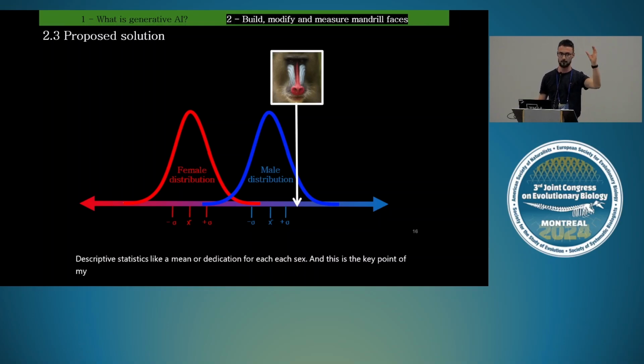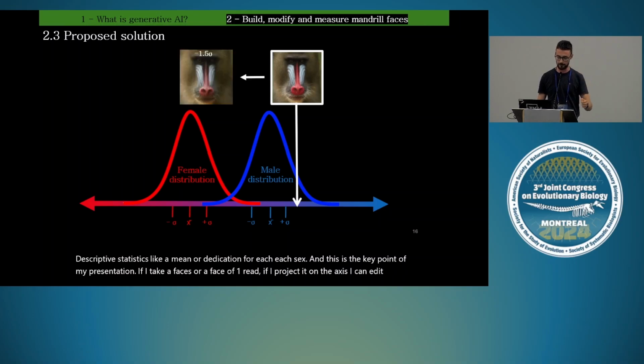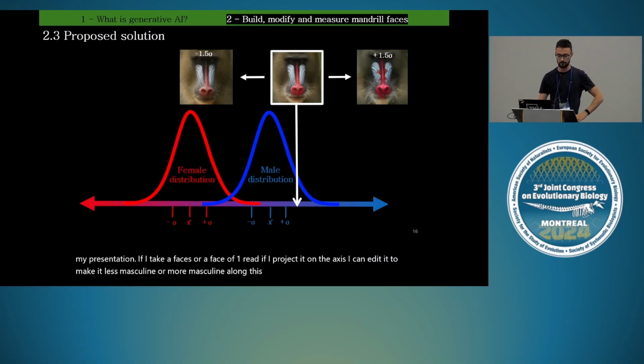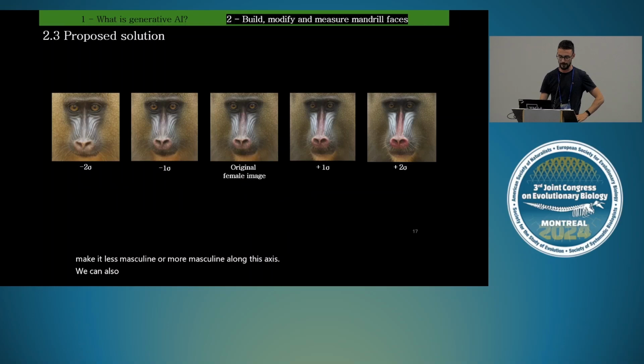If I take a face of mandrill, if I project it on the axis, I can edit it to make it less masculine or more masculine along this axis. So we can also do this with a female. So here, if you look, neighbor pictures, they look like the same because the modification is tiny.